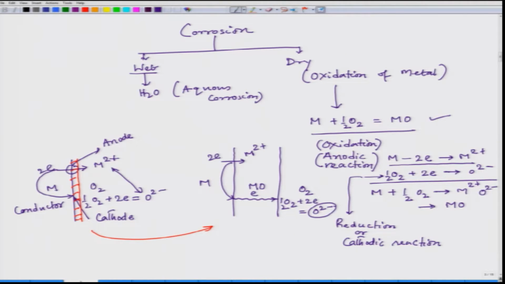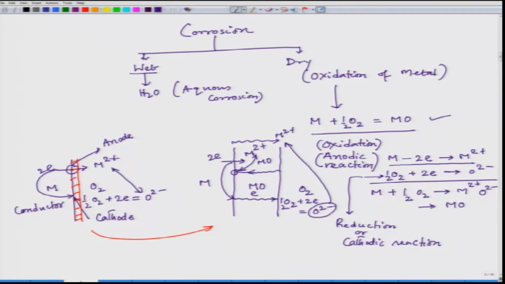Now, this ion can also move like this. When it moves like this, it comes here and combines with this and forms metal oxide. If the metal ion is moving on the outer side, it can combine there and form metal oxide.